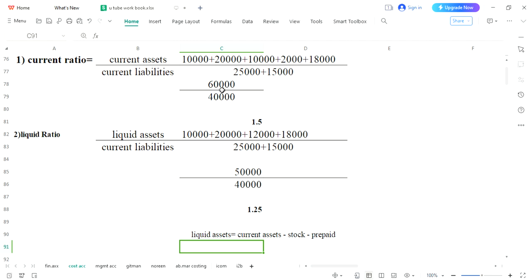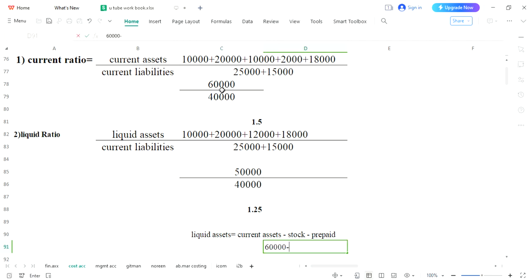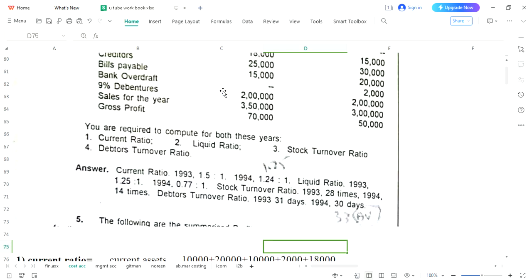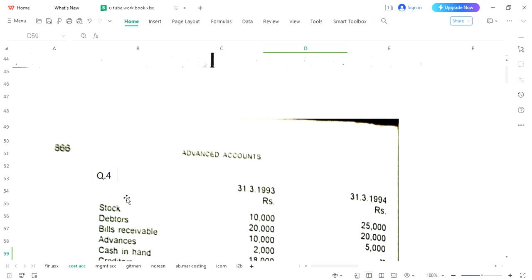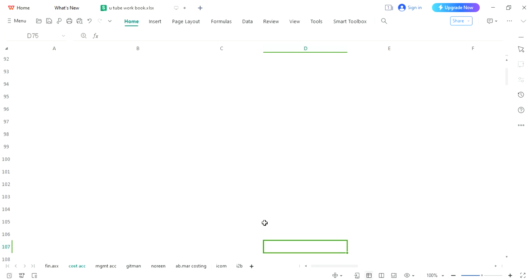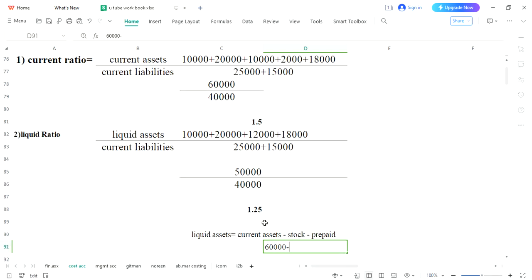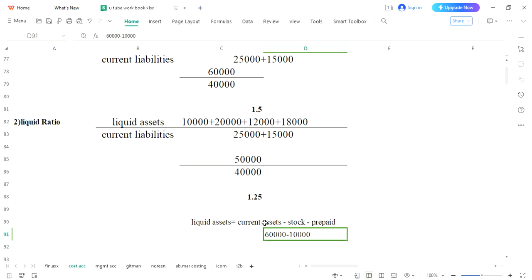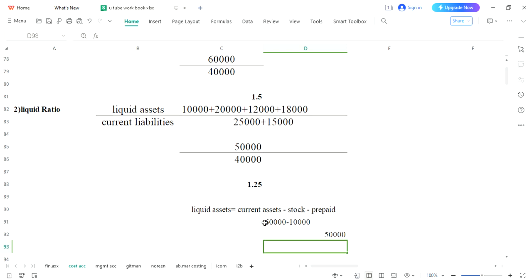So just put 60,000 first, and then you need to subtract stock. The amount of stock for first year was 10,000. So here you will put 10,000. And ultimately you can get your liquid assets by subtracting, which is 50,000.